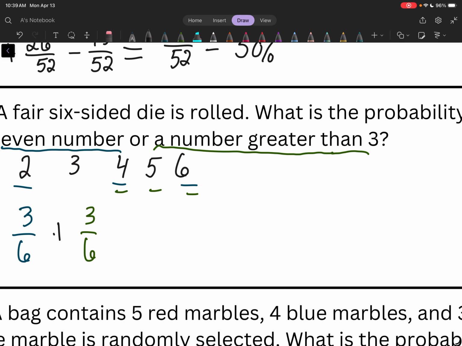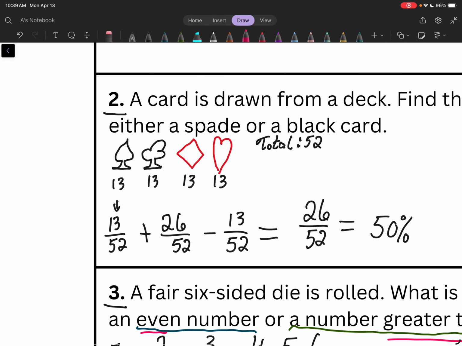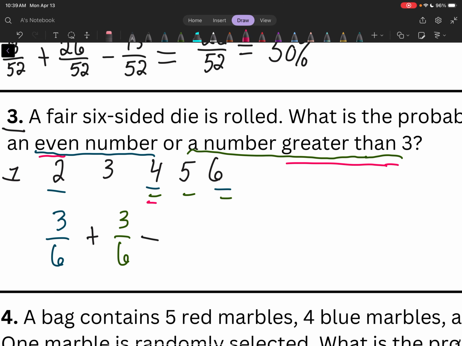We're going to add these because of the OR statement. Now we need to subtract the intersection. Minus, how many numbers are even and greater than 3? That would be 4 and 6.